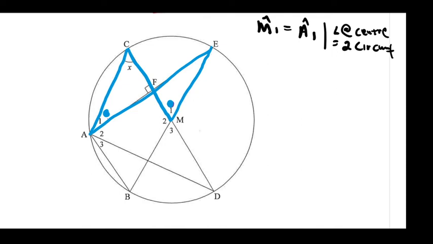So why am I just focusing on this is because I want to identify M1 in terms of X. And where is X? X is here, right? So hence I'm taking this angle from the center to the circumference so that I can be able to use that X, you see. So now that we've done that, we can use the triangle ACF, which looks like this.